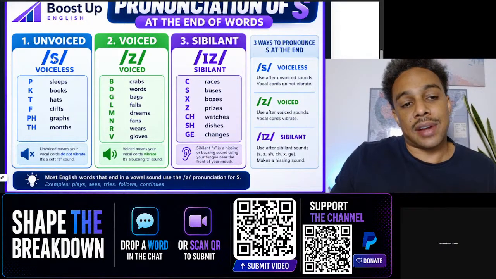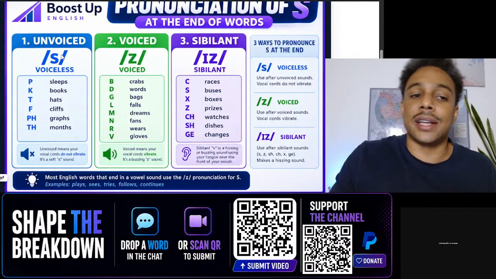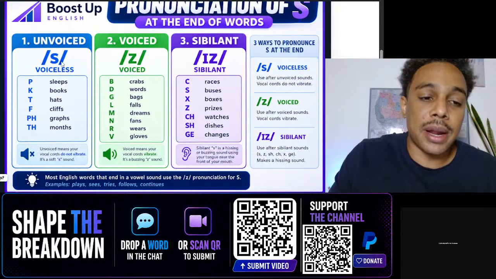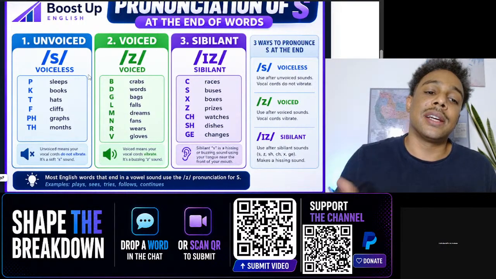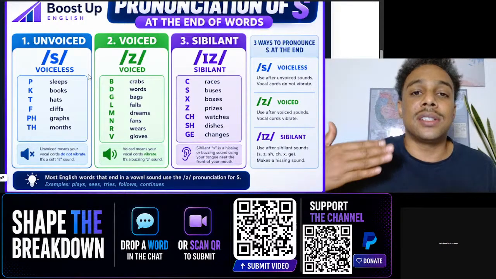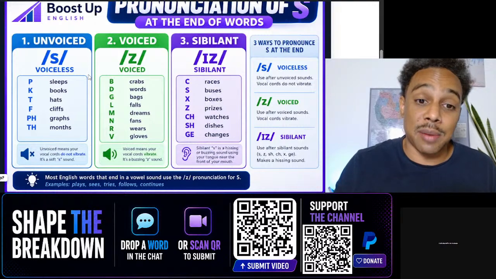So instead of S, we're going to add Z. And guess what? This is another one of those minimal pairs, right? S and Z is the same mouth position. The only difference is that S, no vibration, Z, lots of vibration.